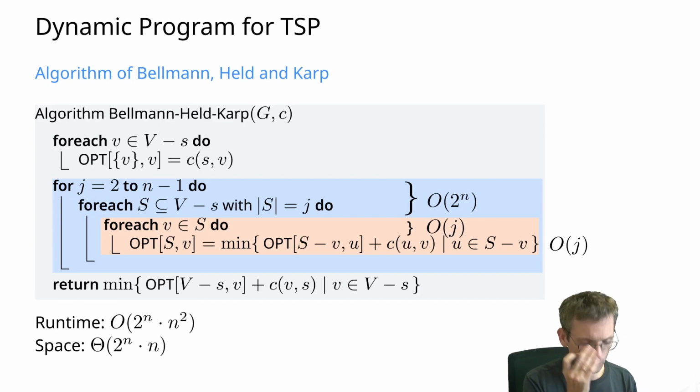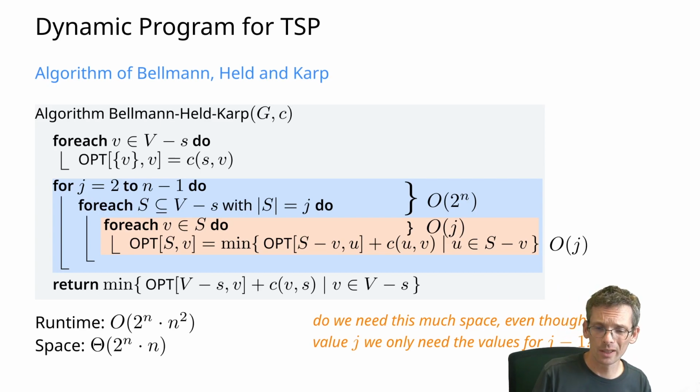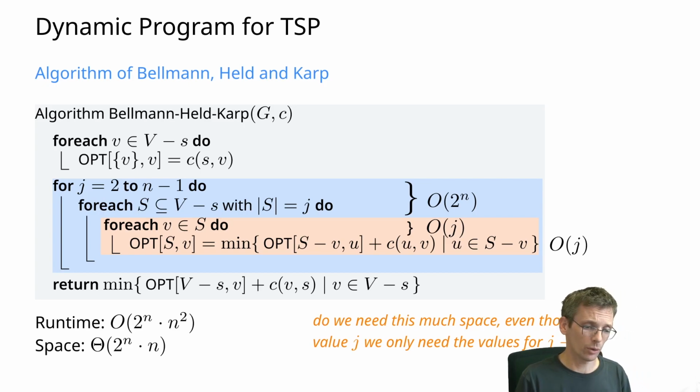Here's a quick question. Do I really need to store all of the subproblems? In principle, the answer is no. When I'm solving problems of size j, I actually only need those of size j minus 1, so I could delete the old ones.